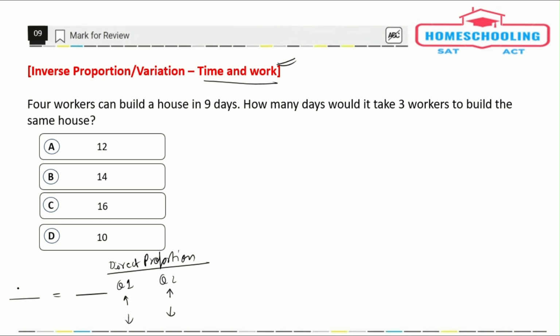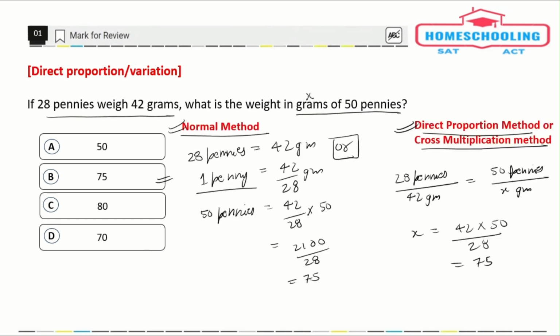We will divide one quantity, one pair, with another. Let me show you an example here. As we can see here, we write it like this in the direct proportion method. As we can see, pennies increase, so the weight also increases. So the weight is 75 grams, so it is directly proportional, and we write them in fraction terms.